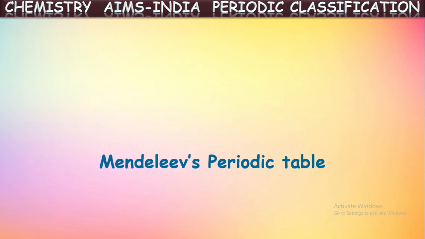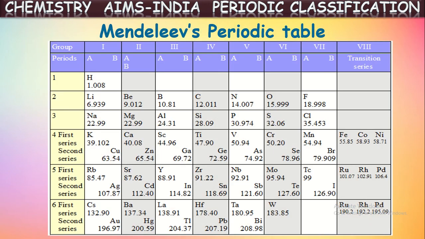Okay, now let us see the arrangement which was done by Mendeleev. This is Mendeleev's classification, called Mendeleev's periodic table. In this periodic table, the vertical columns are called groups. This we can say is one group.